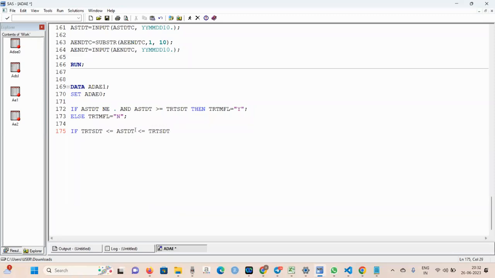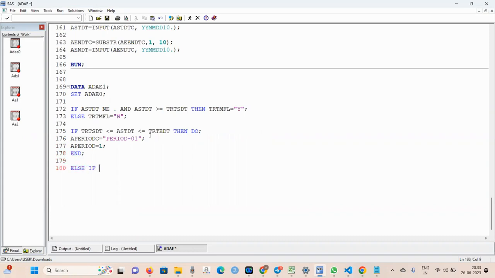So if your treatment started, then the analysis period, in character format, first we need to choose the character format, equals period 1.